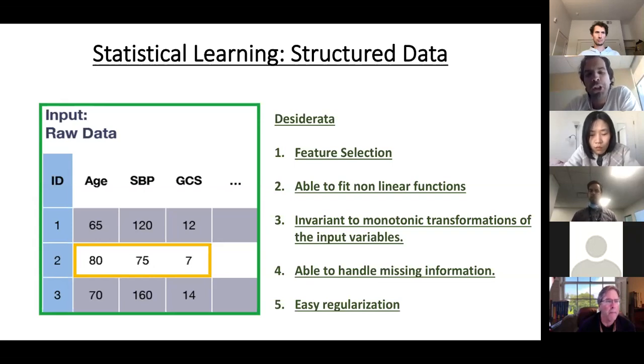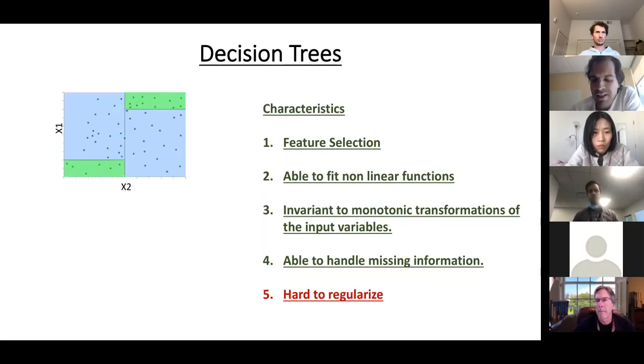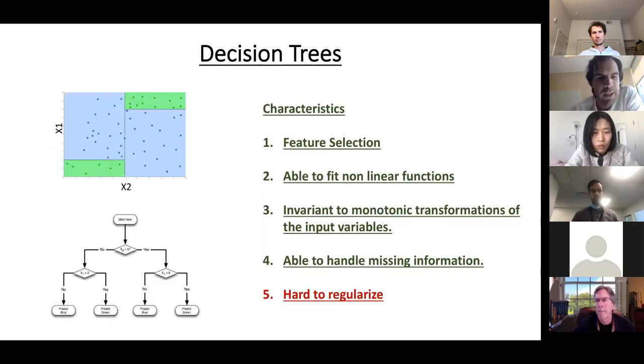Now, there is an algorithm that satisfies most of these, except for a big one, which is number 5. And those algorithms are simple vanilla decision trees. The way that the original decision trees work is they do a brute force search through all the variables, and they find the variable and the partition that maximize a certain information gain.